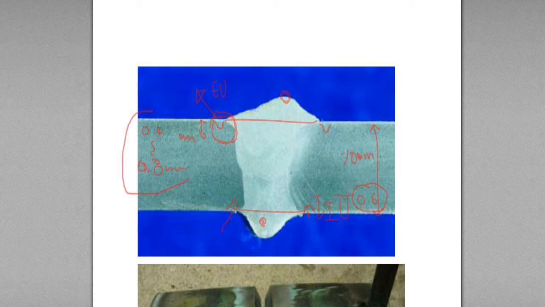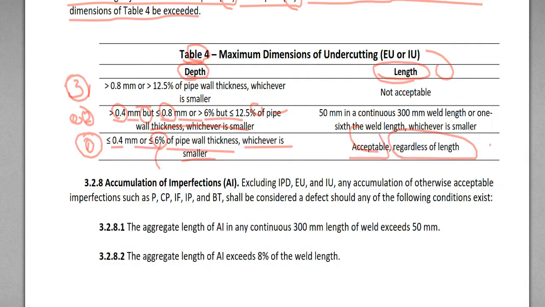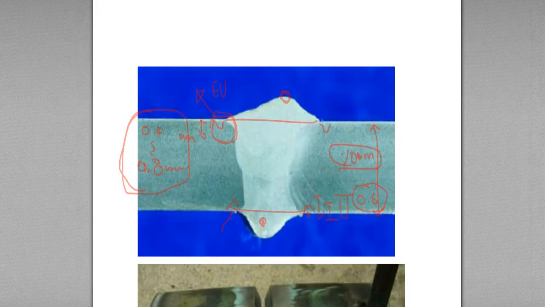If depth of undercut is over this, it is reject. And here again, with 10 millimeter thickness, over 6% but less than 12.5%: 6% is 0.6 millimeter when thickness is 10 millimeter, and 12.5% is 1.25 millimeter.